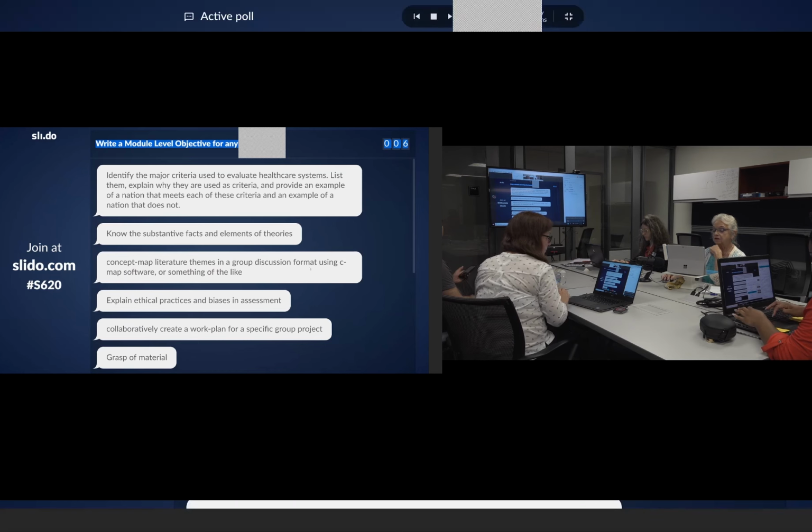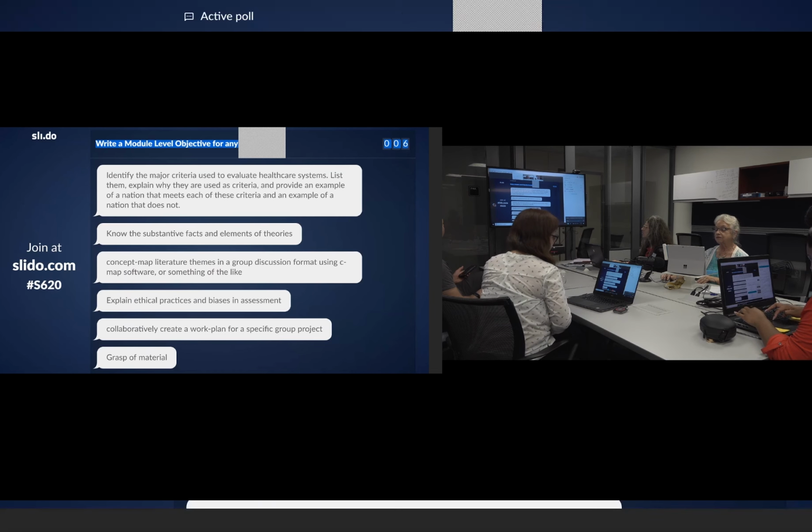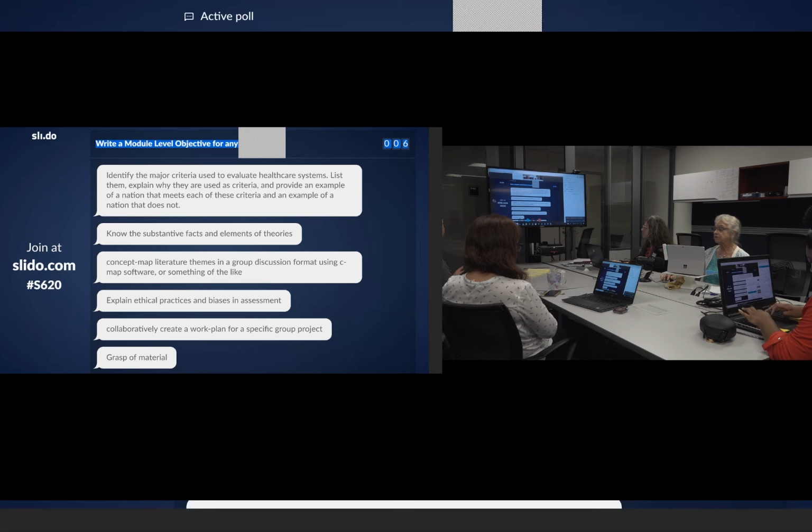And the one on concept map would be identify literature themes in a group discussion. The concept map and the software would then be part of your instructions. But certainly identify literature themes or compare them, and a concept map is a great tool for comparing things like that.